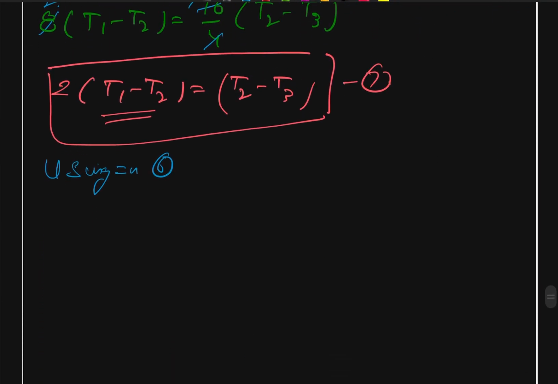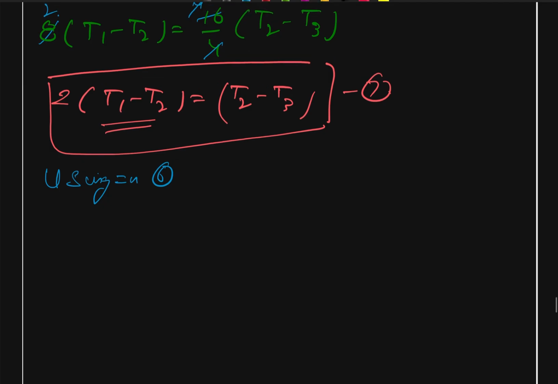So this comes as 6 times T3 minus T4 is equal to T2 minus T3.